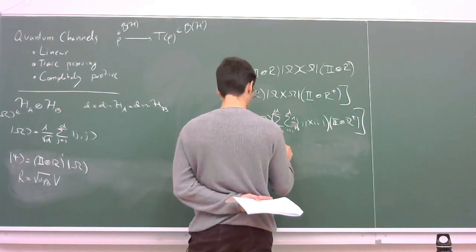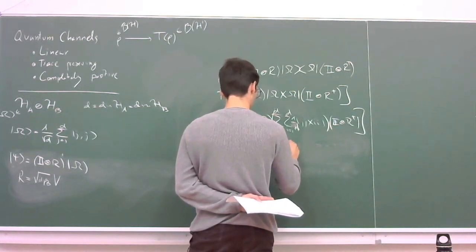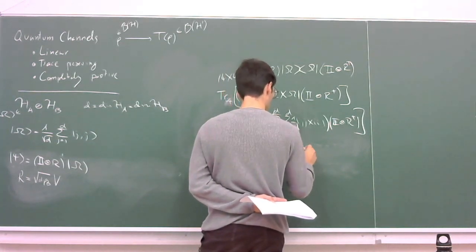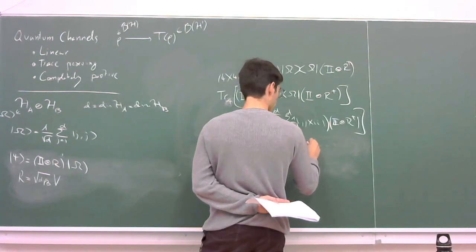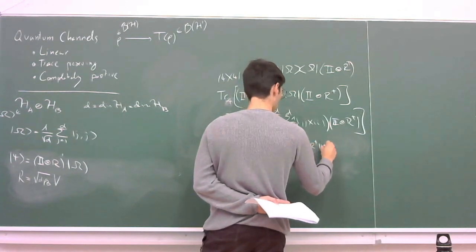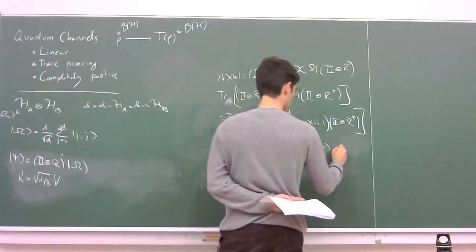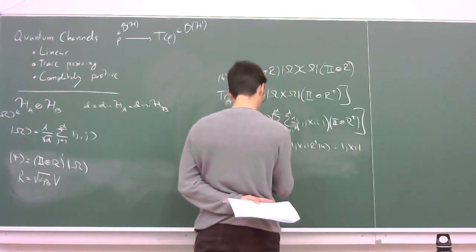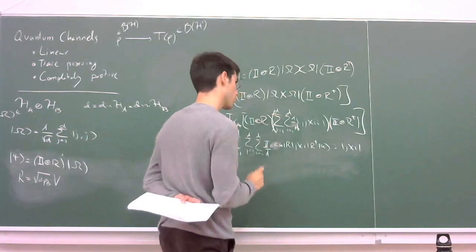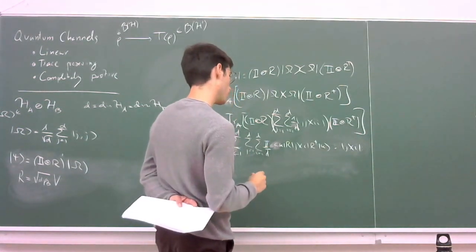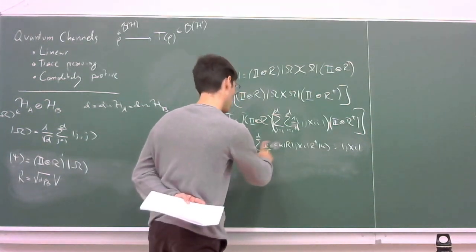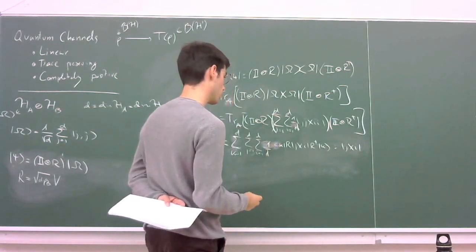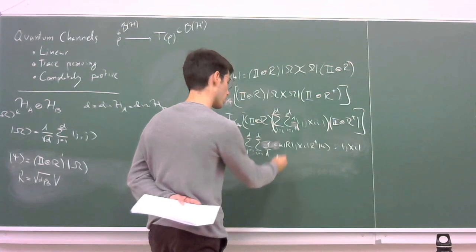And with that is enough to say that the right-hand side is split as the trace of layer A is the delta IJ. That's all.